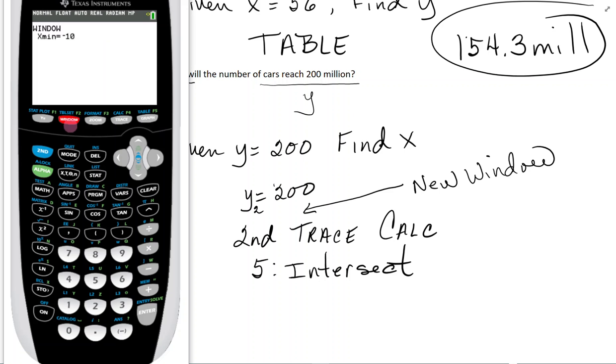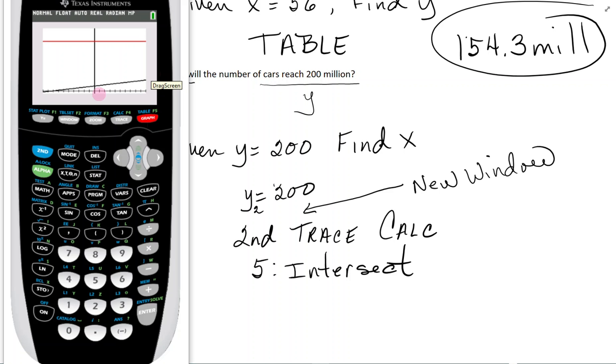So window, again, Y max needs to be above 200. So I'm going to put 250. So I've changed my window. Now this diagonal line looks very different, and that's because of the change in how far I am in the Y direction.